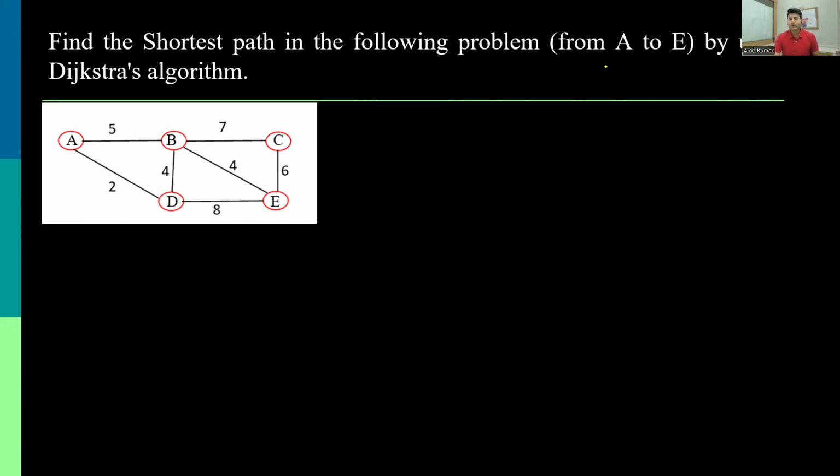As per the problem, we are supposed to find the shortest distance from vertex A to vertex E. Most books solve Dijkstra problems by making a matrix. But over here, we'll try to solve it in a slightly different manner, not exactly in terms of a matrix, but replicating the entries of a matrix.